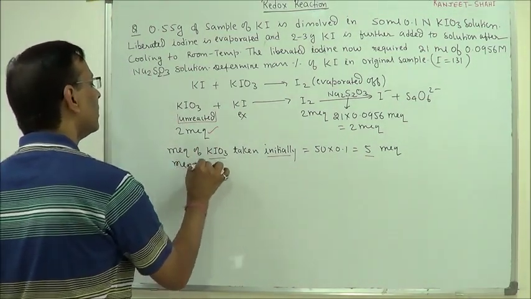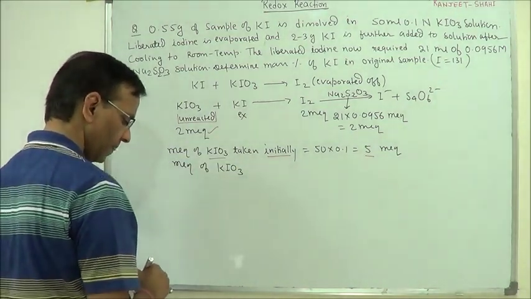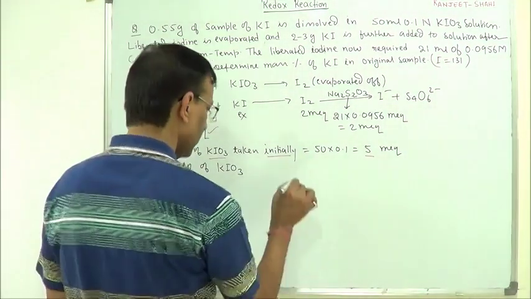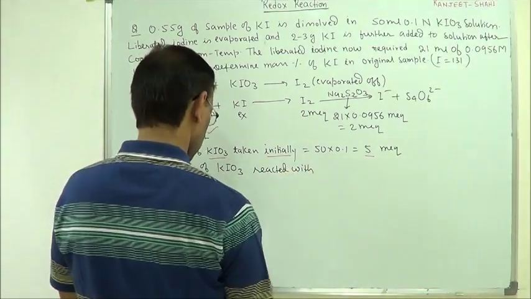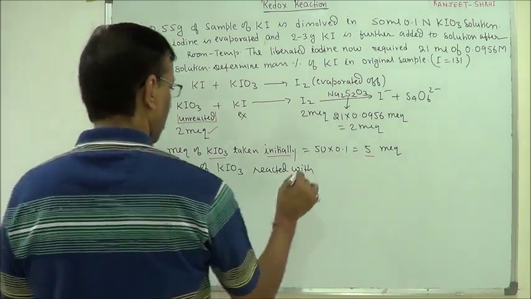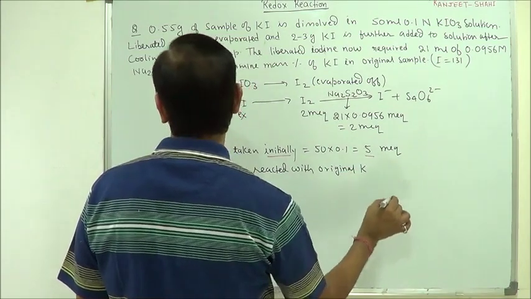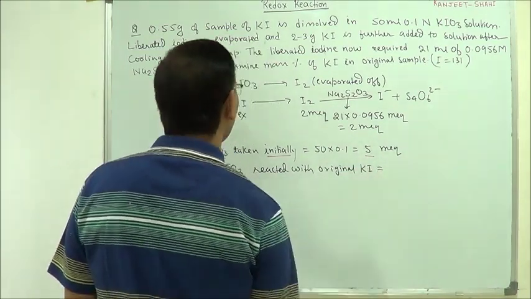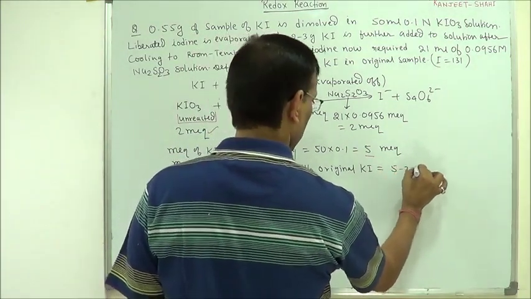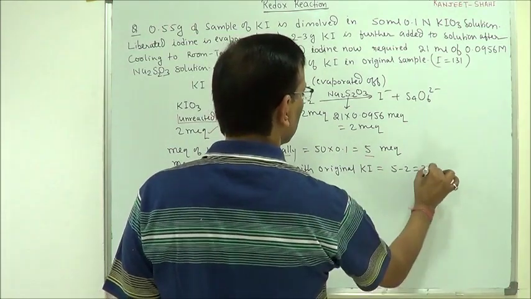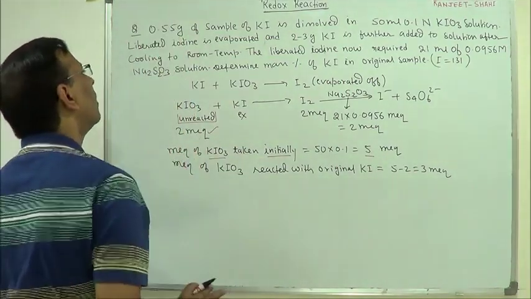Milliequivalent of KIO3 reacted with original KI is 5 minus 2, 3. So this will be the milliequivalent of KI present in this original sample.